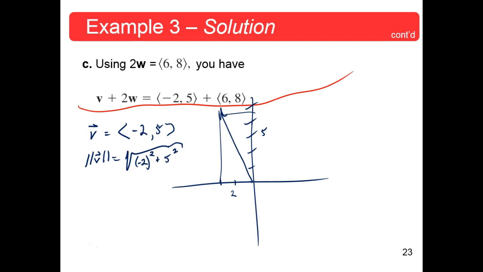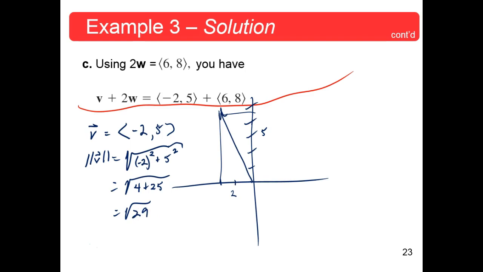Distance formula too, same thing, from Pythagorean theorem. So this will be the square root of 4 plus 25, which is the square root of 29. And you always use the principal square root because it's a positive magnitude.